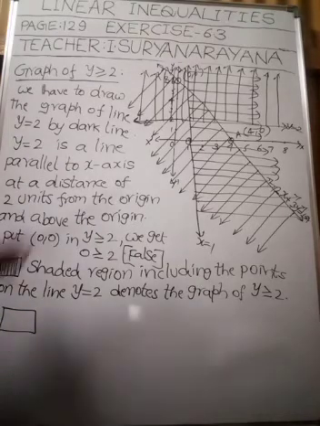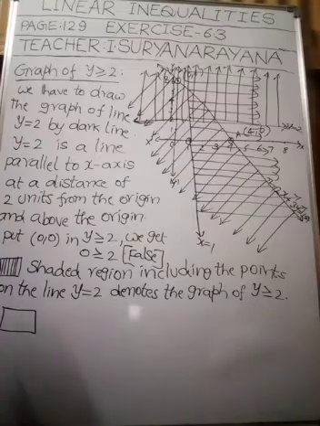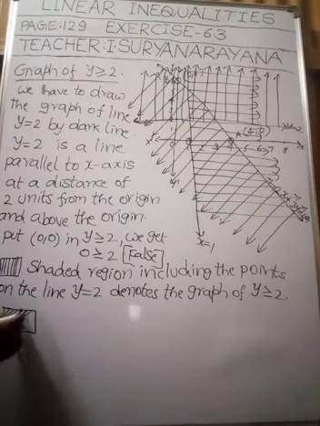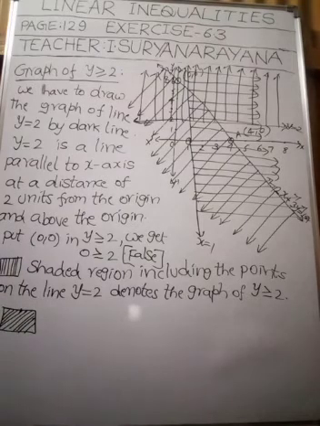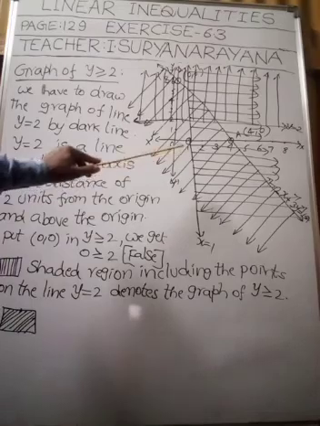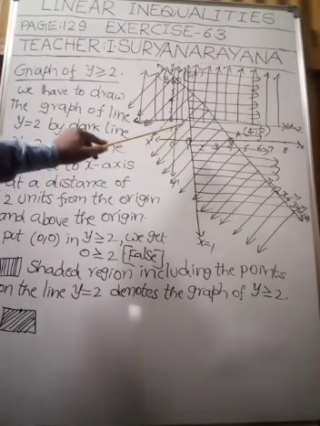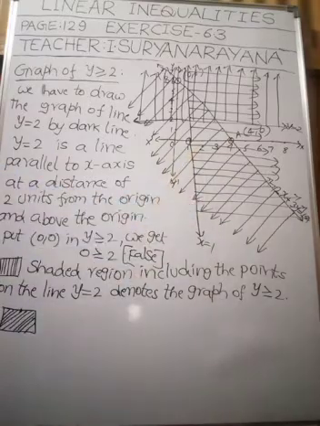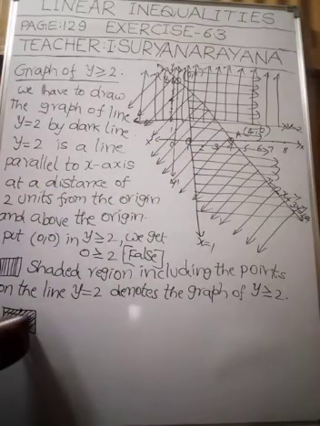First graph shaded by vertical lines, so draw vertical lines here. To draw the graph of the second linear inequality x greater than or equal to 1, which lines are used here? Horizontal lines. So draw horizontal lines here.